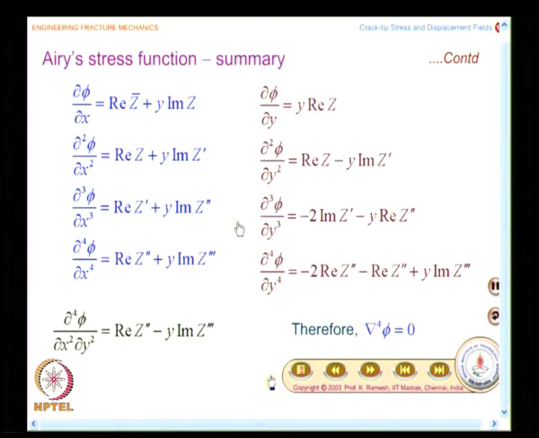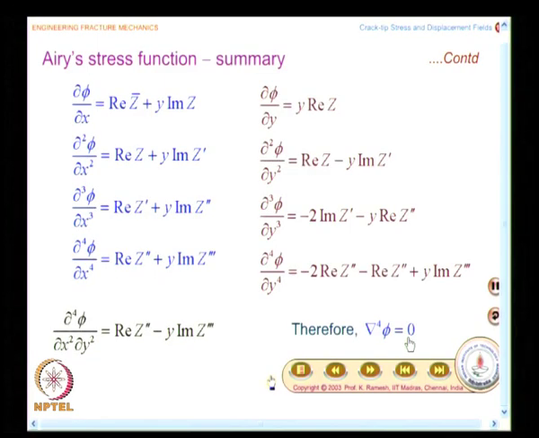And what we looked at was, when you substitute these appropriately, the biharmonic equation is satisfied. So, we have made sure that we are working with a stress function which is a valid candidate for solution.